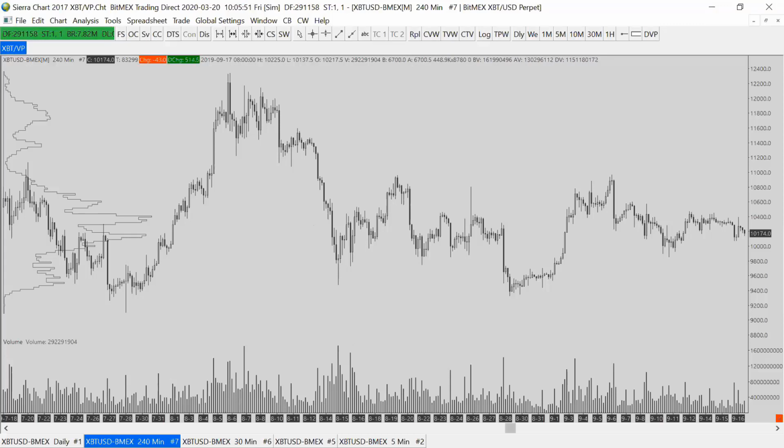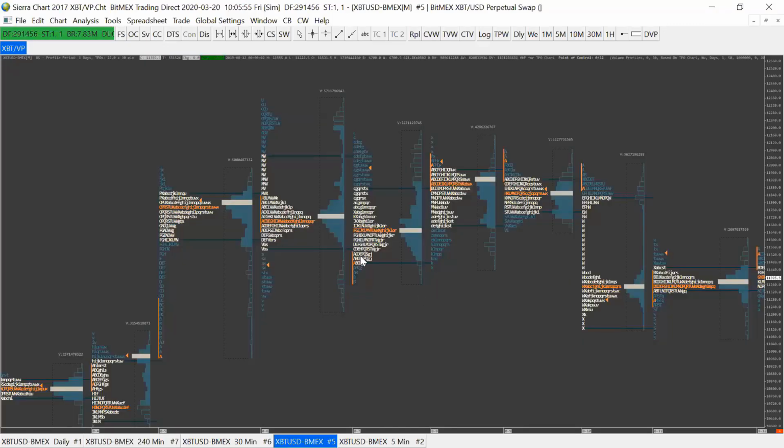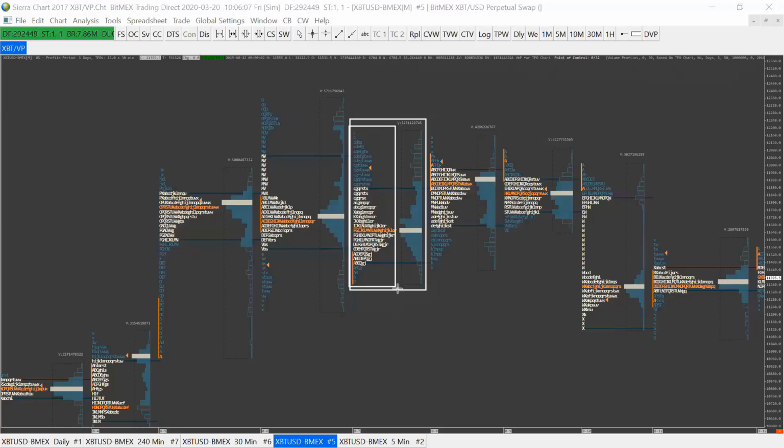We'll talk a little bit about this later on, but I'll just quickly show you that this is a market profile. Each of these represents a day, and on the left here you've got market profile, and on the right you've got volume profile.